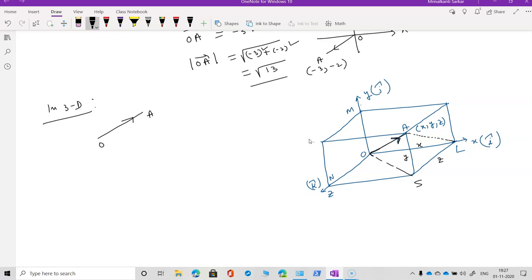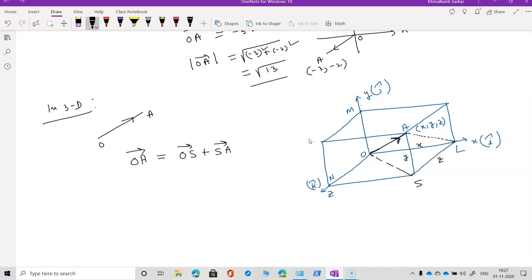Now, the unit vectors along the X, Y and Z axes we have taken as I, J and K. So, if we try to express this vectorially, then you can say that OA vector in this diagram, OA is going to be what? OA is going to be OS plus AC.